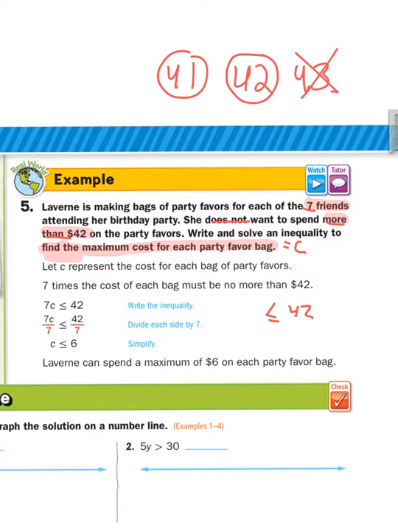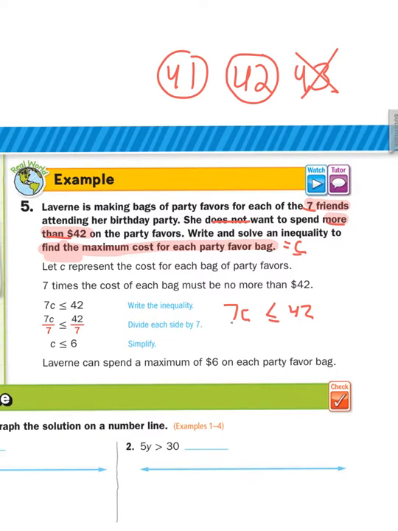Now to figure out what she's doing. There are 7 friends, and each bag costs C. So you're getting 7 bags, so that would be 7 times C. So think about this for a second. 7 party favor bags, each costing C dollars, must be less than or equal to $42, because she doesn't want to spend more than 42. That's your inequality.